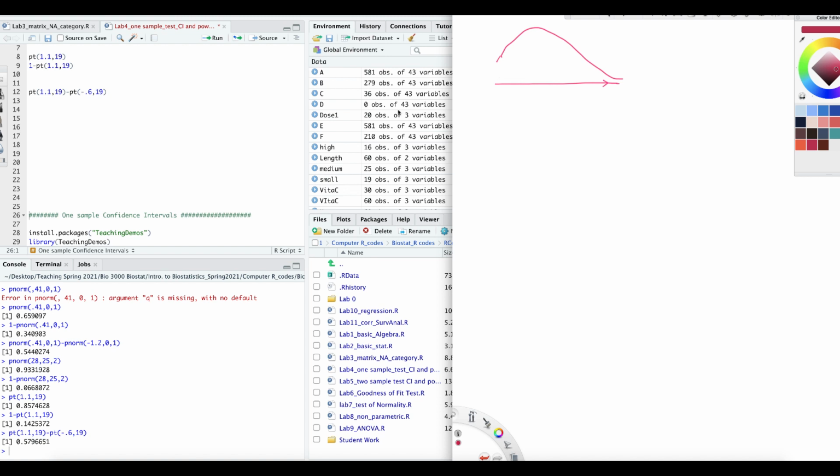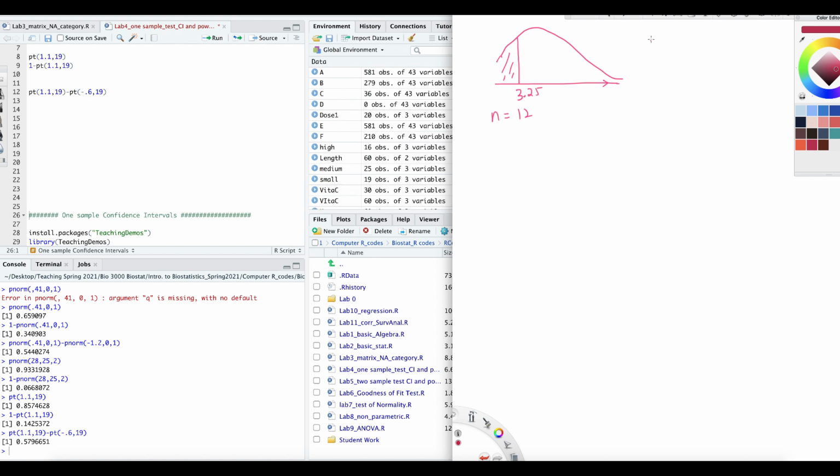Suppose, for example, you want to know the area left of this, let's say 3.25, okay. If you want to find the area left of 3.25, and the degrees of freedom, with n equal to 12, will be 11, right?